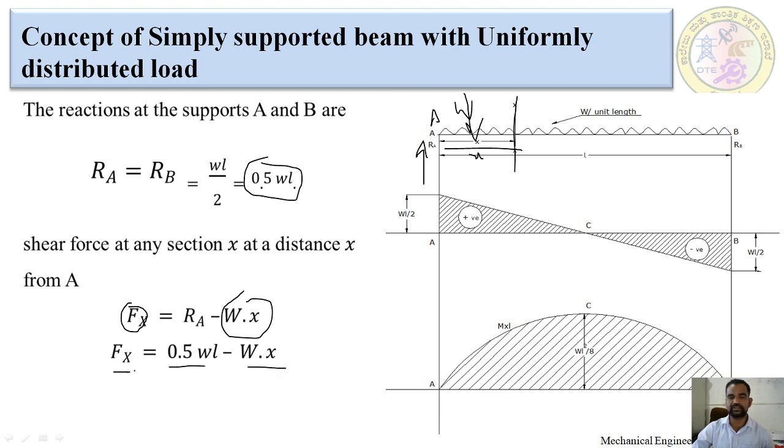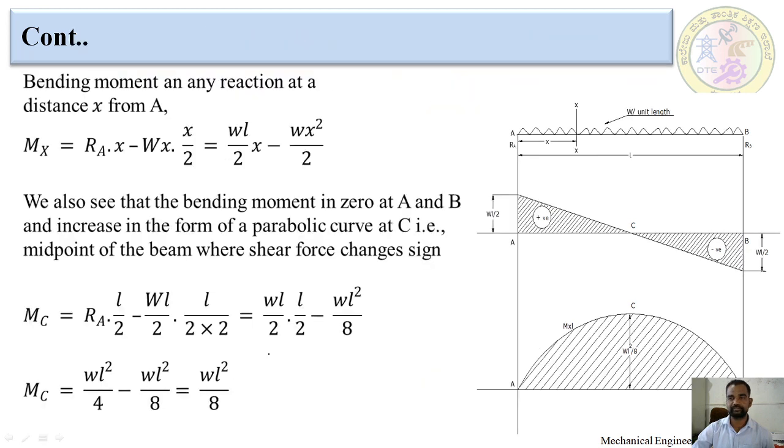This is Fx at section XX. Shear force at section XX is equal to W into L divided by 2, also we can call it 0.5 W into L, minus W into x. This is the shear force at any section at a distance of x.